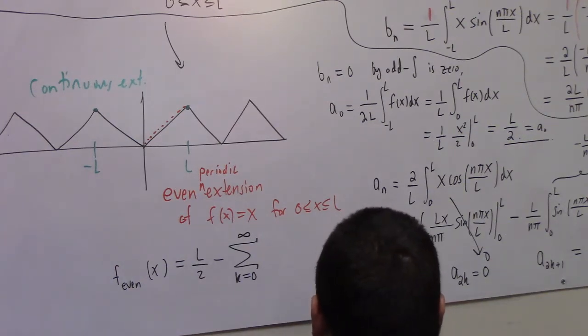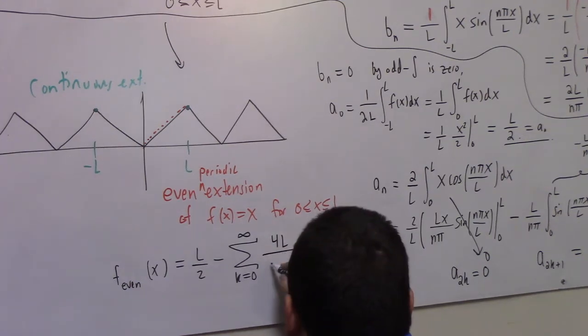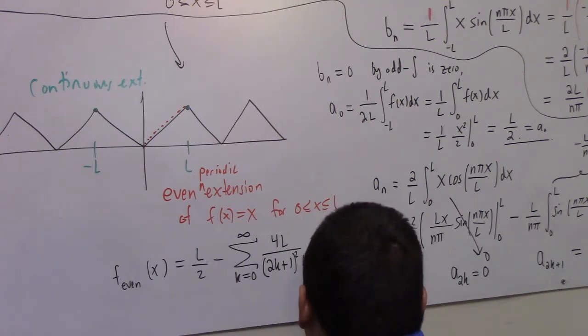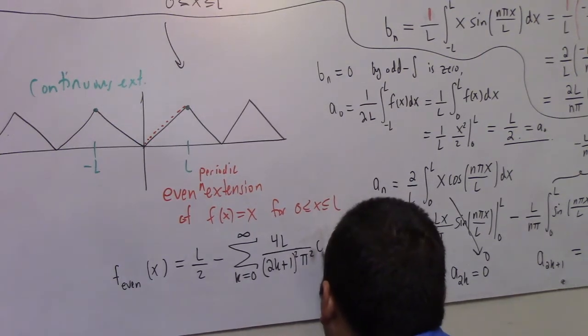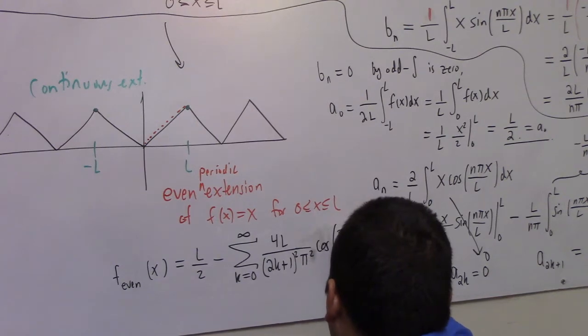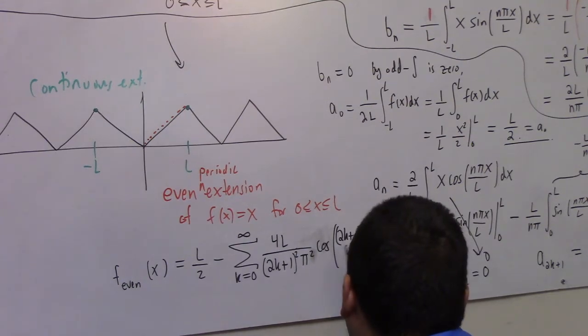And 4L over 2k plus 1 squared pi squared, and then it was cosine of 2k plus 1 pi x over L.